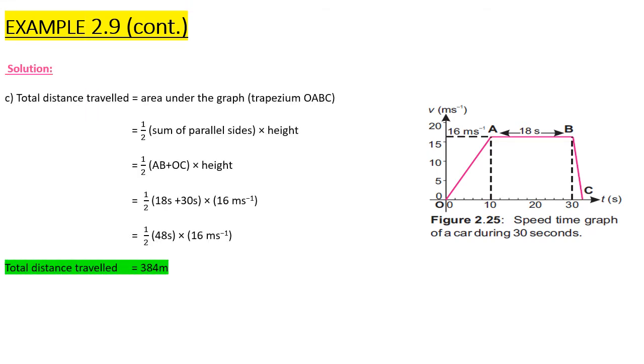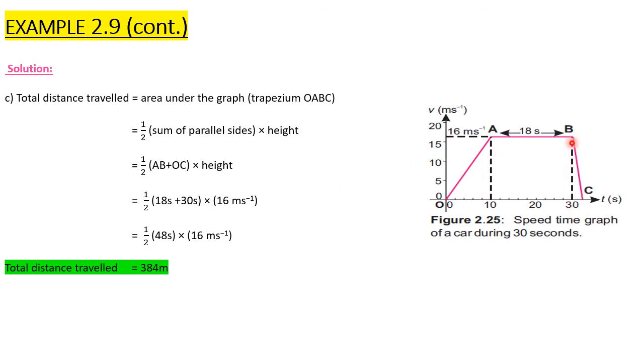In the next part, we have to find out the total distance traveled by the body from point O to C. O, A, B, C. As you know, this shape is a trapezium, and from the area under the graph, we can find out the total distance traveled by the body. So the area of a trapezium is 1 divided by 2 multiplied by the sum of parallel sides multiplied by the height.